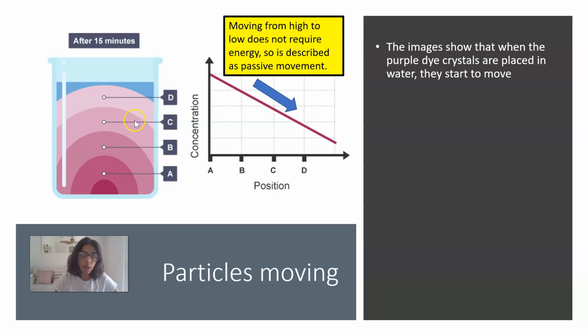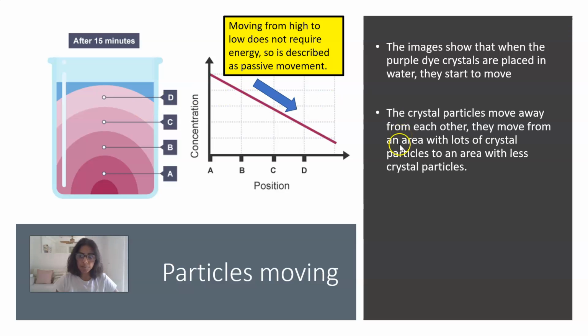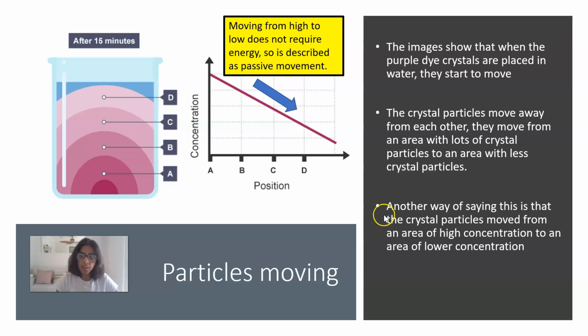So it's described as a passive movement because no energy is required to make this process work. So what we are saying is that these particles in the liquid move from an area of high concentration to an area of lower concentration, and they do this passively, and that means without any energy being added. That is what diffusion is.